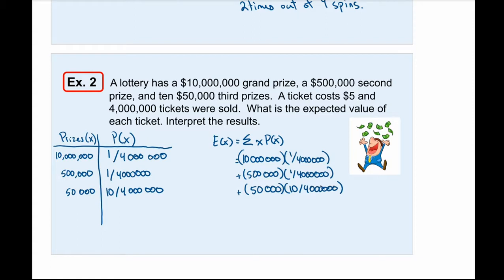When I go through and add all those up, I get a value of 2.75. So what does that actually mean? What does this expected amount tell me? The idea is I'm expected to win $2.75 with my ticket.